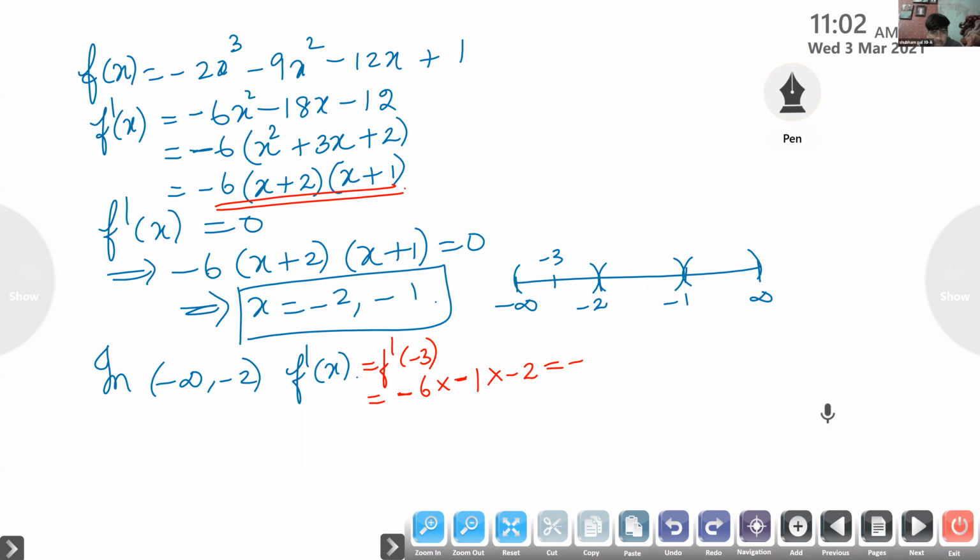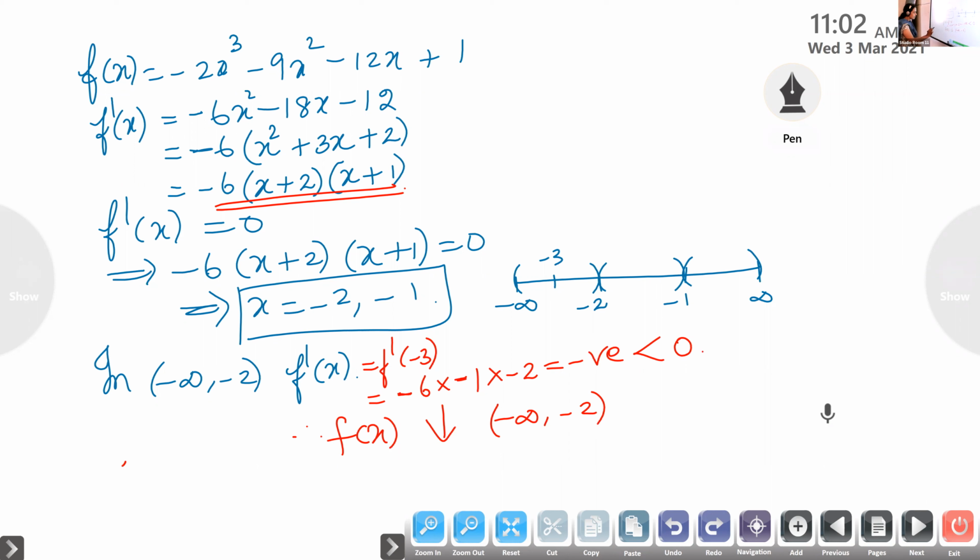We don't want the value, we want only the sign. So it is negative, which is less than 0. Therefore, f of x is decreasing in the interval minus infinity to minus 2.